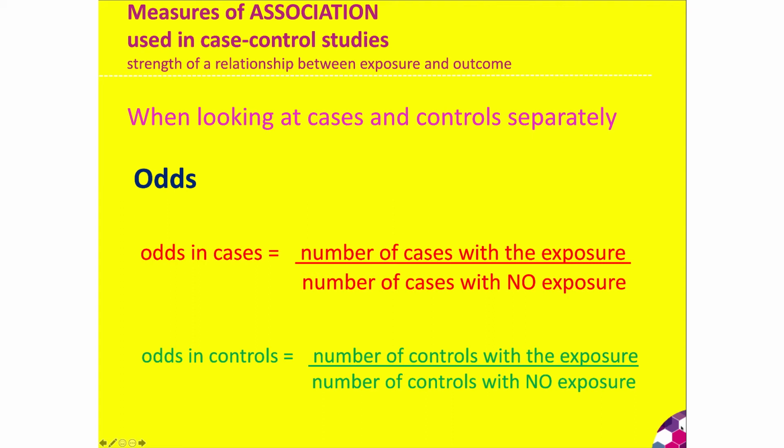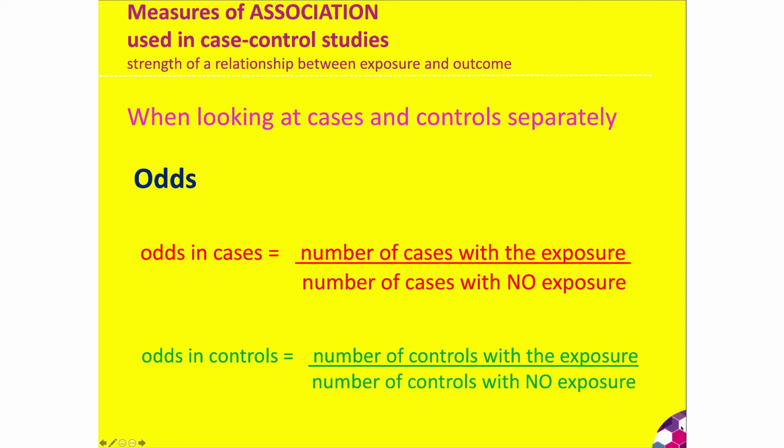The odds of the relationship between exposure and outcome in cases separately and controls separately is the number of cases with the exposure divided by the number of cases with no exposure. And the odds in the controls is the number of controls with the exposure divided by the number of controls with no exposure. The reason we use odds is because we have chosen the cases and the controls.